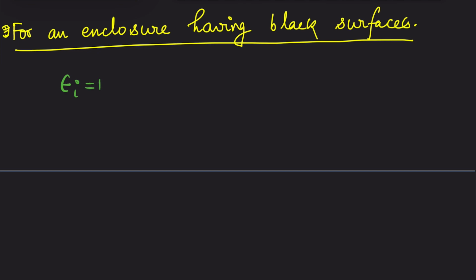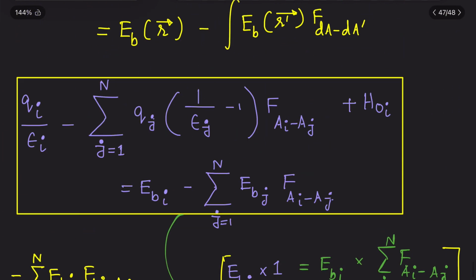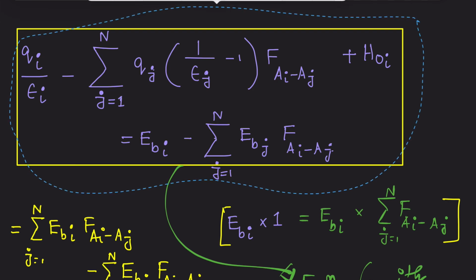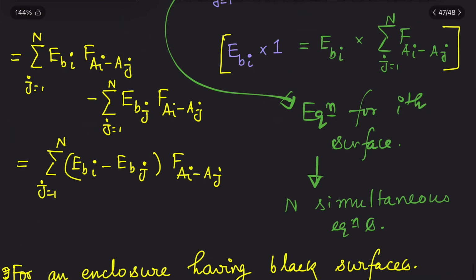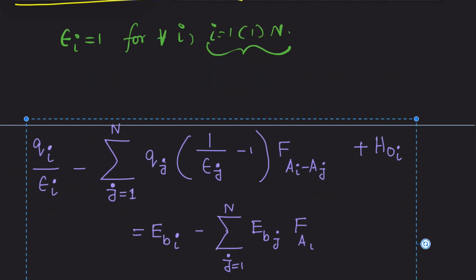Epsilon I is equal to 1 for all I, where I runs from 1 to n. Okay, this is the notation for I runs from 1 to n. So let us copy again this equation and paste this here.